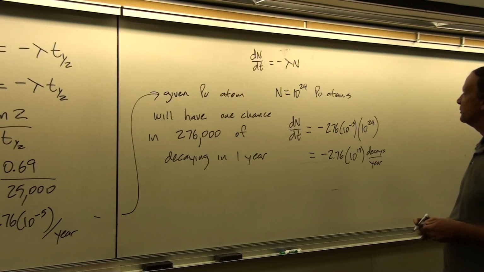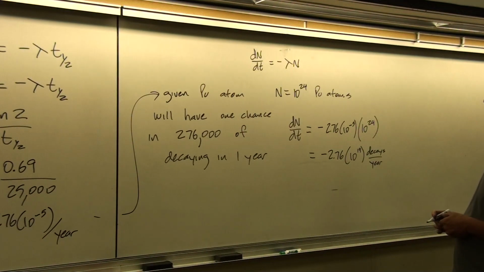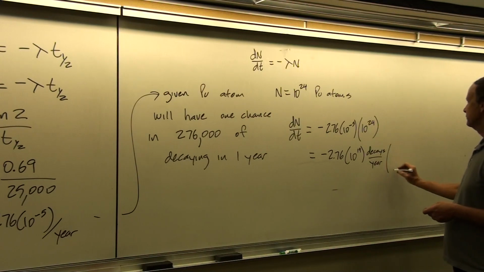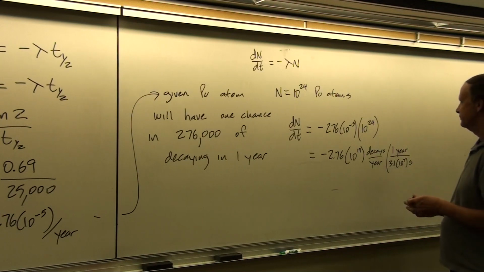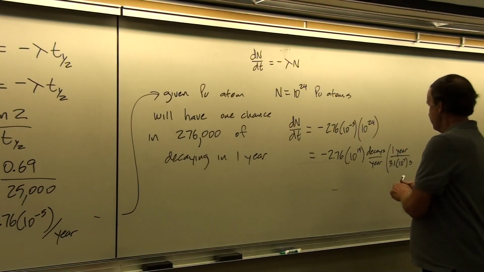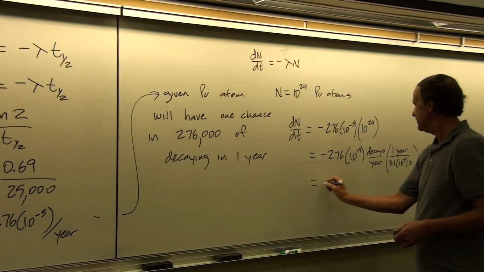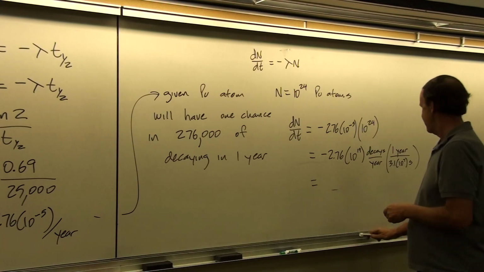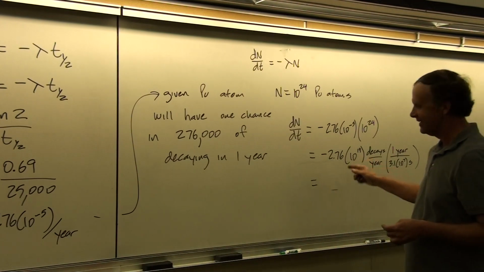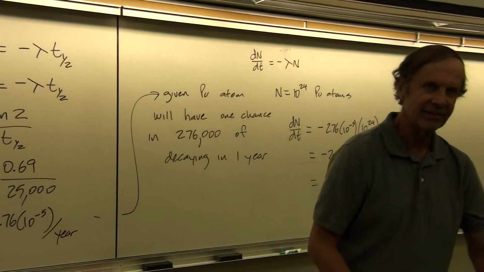Now if we want decays per second, which is a more typical kind of question, then you could convert years to seconds. 1 year is equal to about pi times 10 to the 7 seconds. So we see this is going to be something like a trillion decays per second. And so that's a lot.